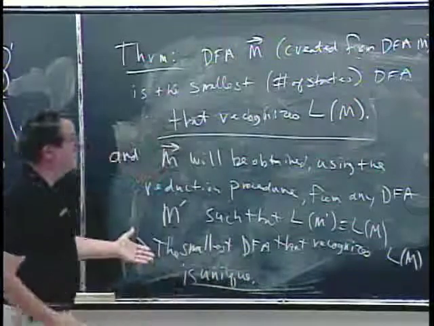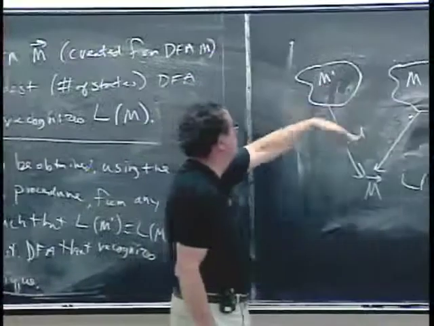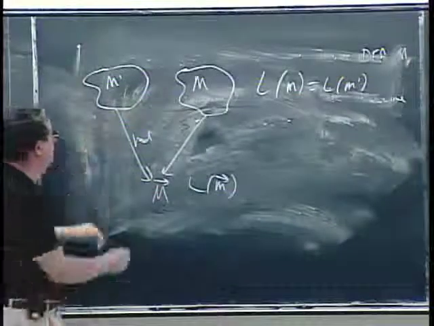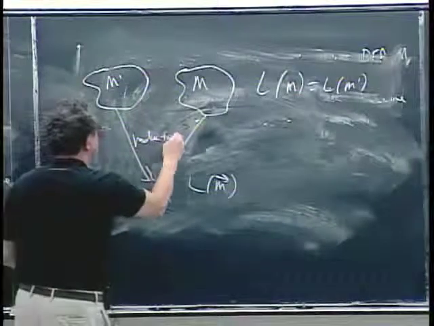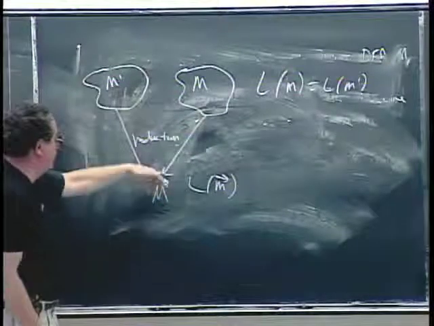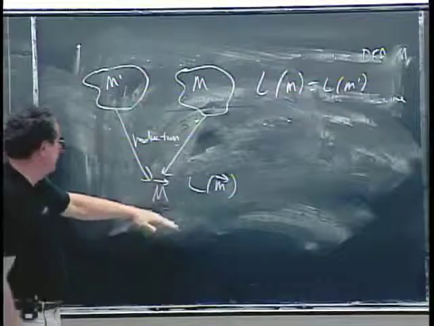There's only one. And that really is what this picture is showing you. If you have two DFAs that recognize the same language, and you do the reduction procedure starting from either one of them, you're going to get to the same DFA, M tilde.